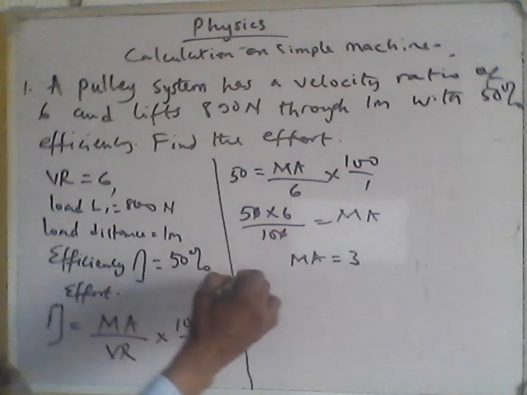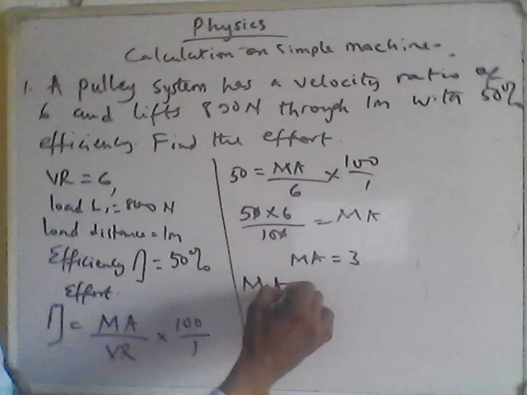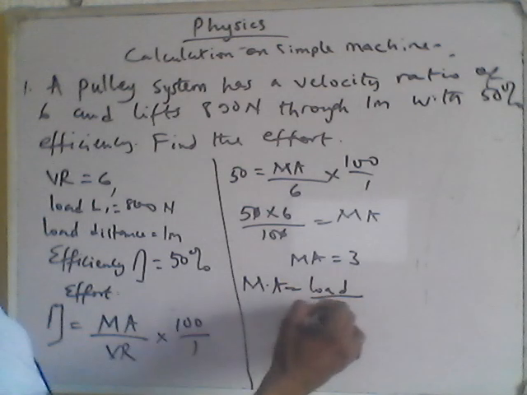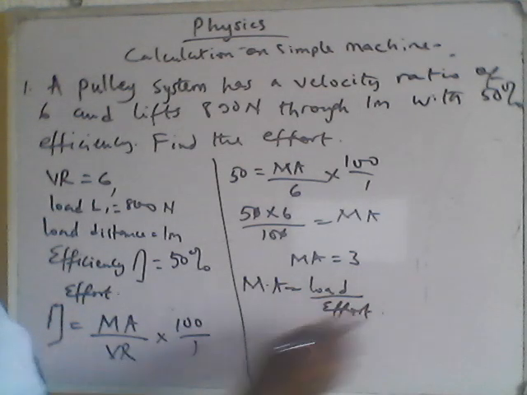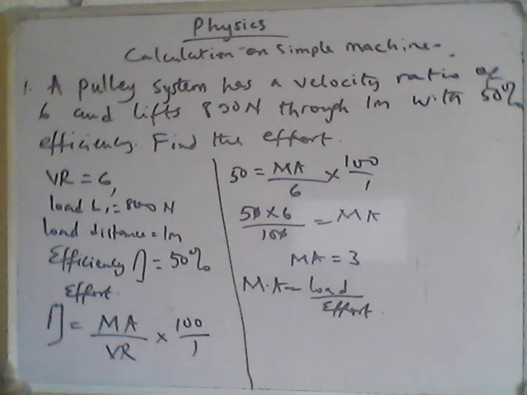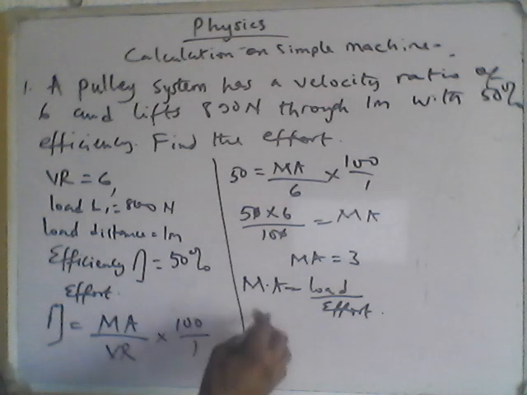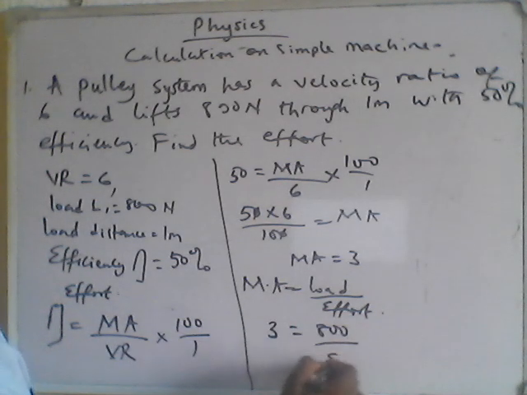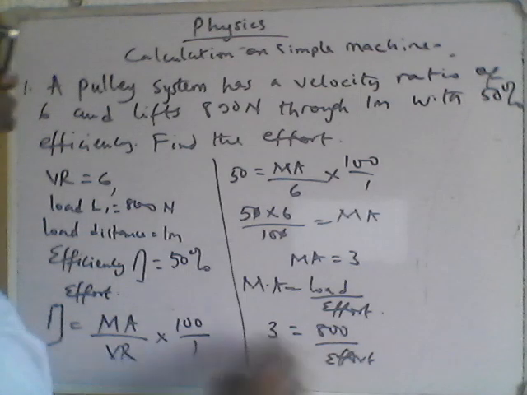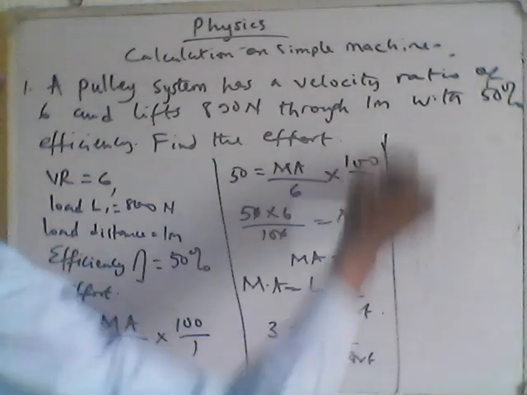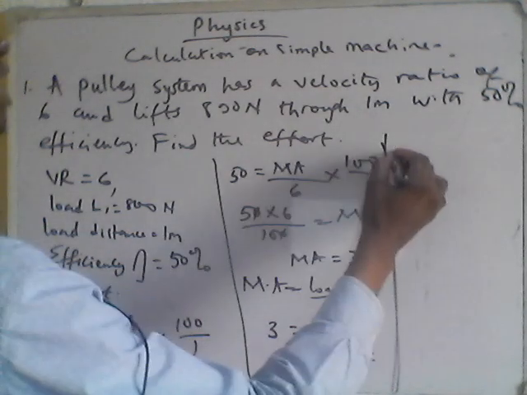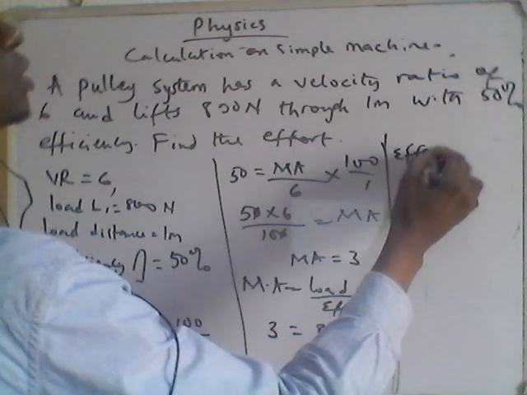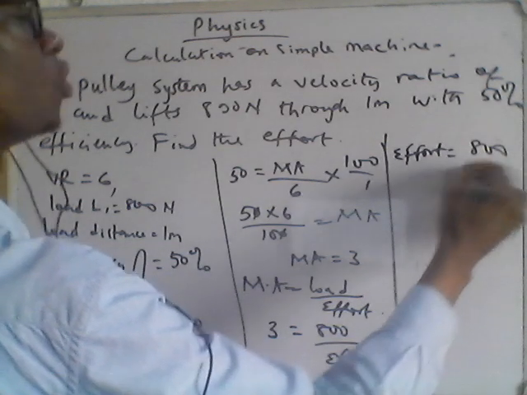Now if I have MA as 3, my goal is to find the effort. We know that mechanical advantage is equal to load over effort. The load is already given as 800, so I'll just plug in: 3 is equal to 800 over effort. So this one would multiply this, and I have effort is equal to 800 over 3.